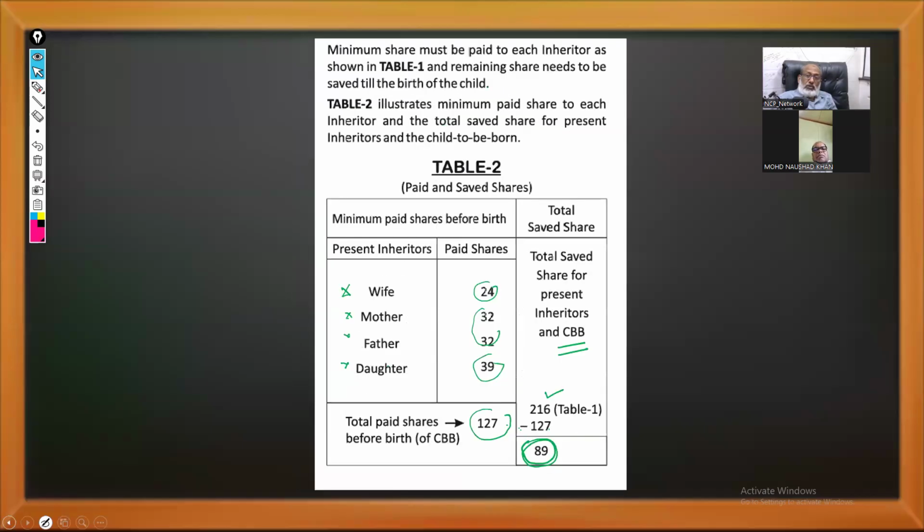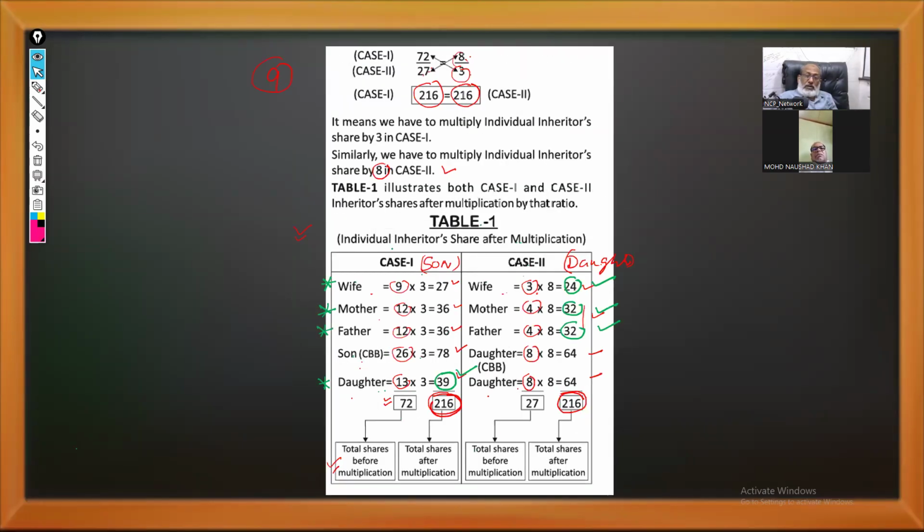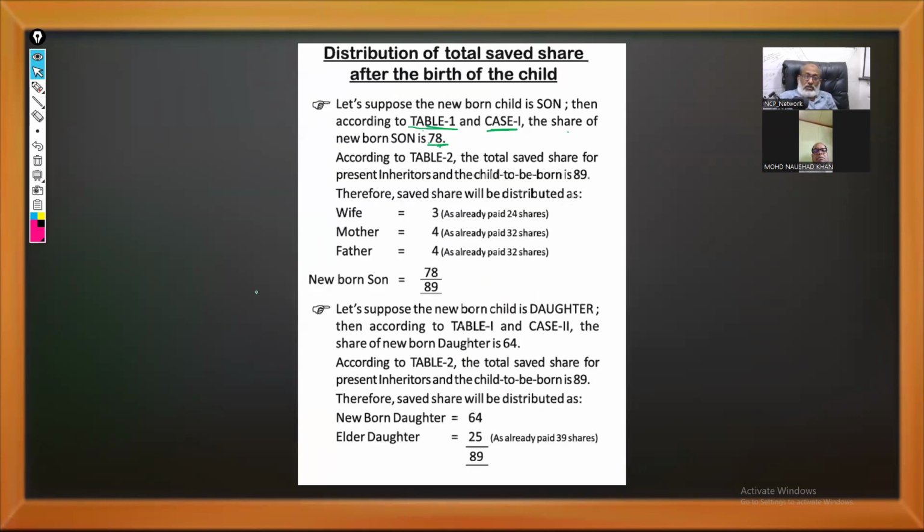If the newborn baby is a son, the share of the son will be 78 from the 89. According to table 2, the total saved share for the present inheritors and the child to be born is 89, and from the 89 we will pay the son.